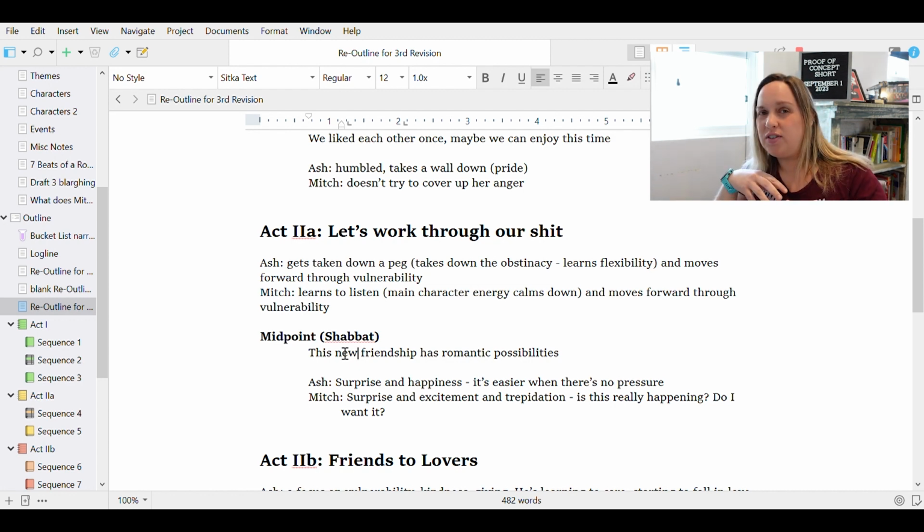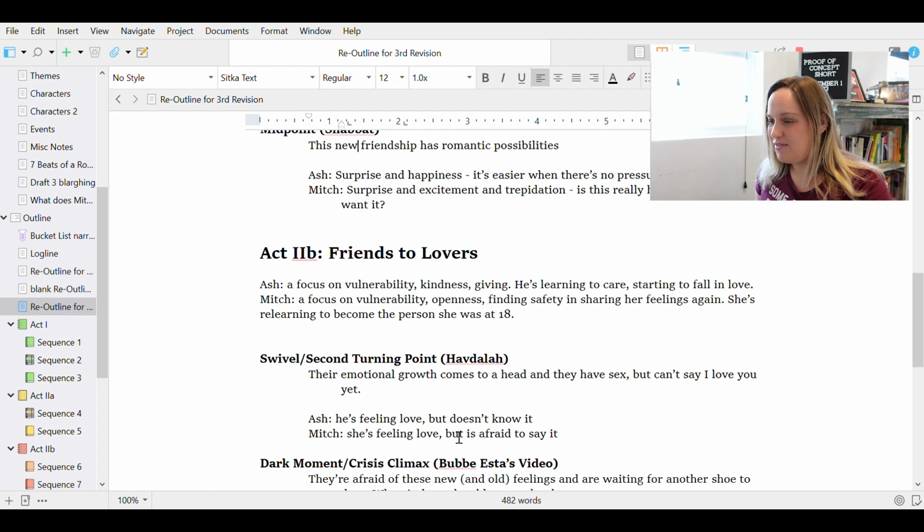So it's almost a reversal in terms of how you expect relationships to go, where the first part is the exciting honeymoon phase where you get all over each other and you can't stop touching and being excited. And then you get through that and you get to some of the gunk. For Ash and Mitch, they're in the gunk from the beginning, and then they get rid of it, and they're able to move forward into Act 2B, Friends to Lovers.